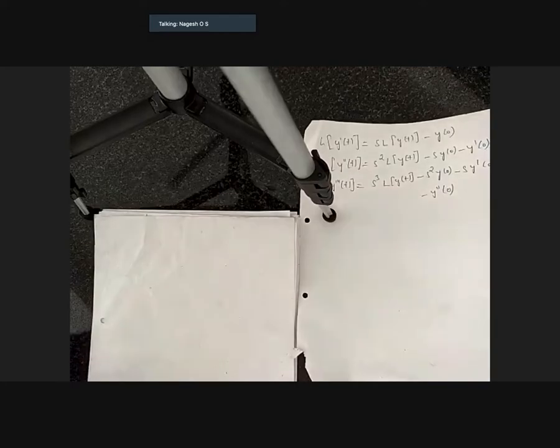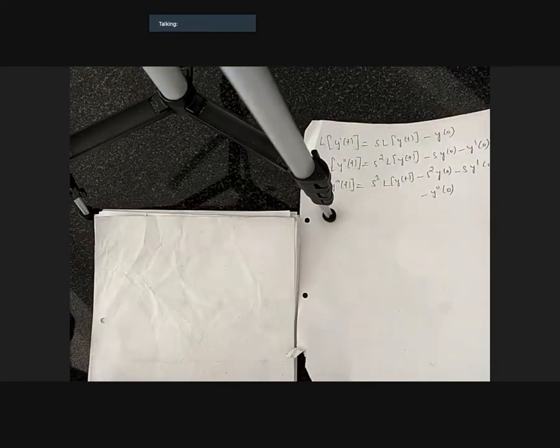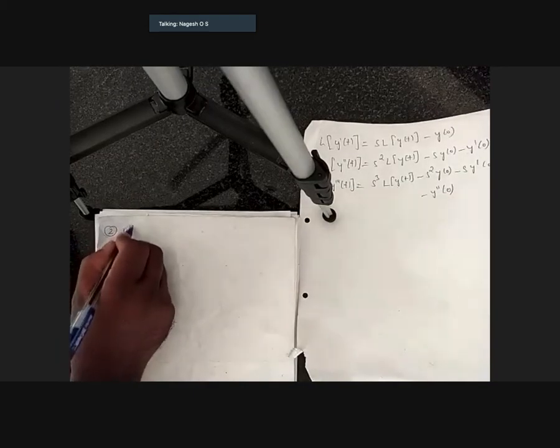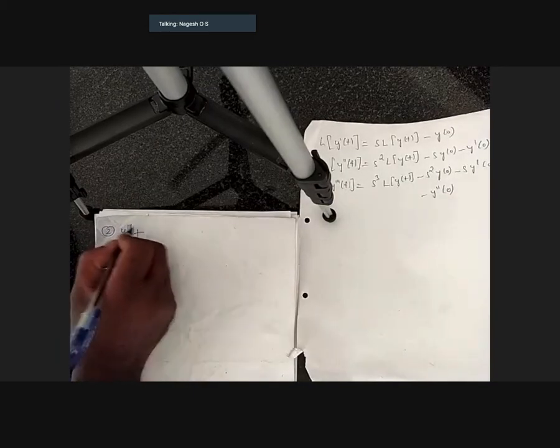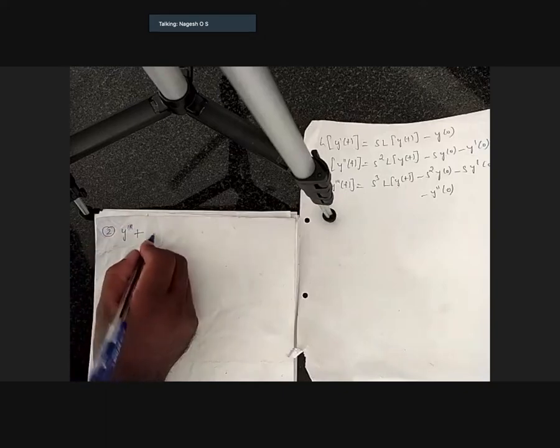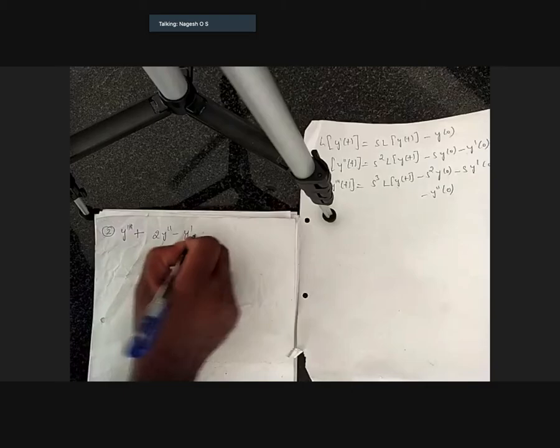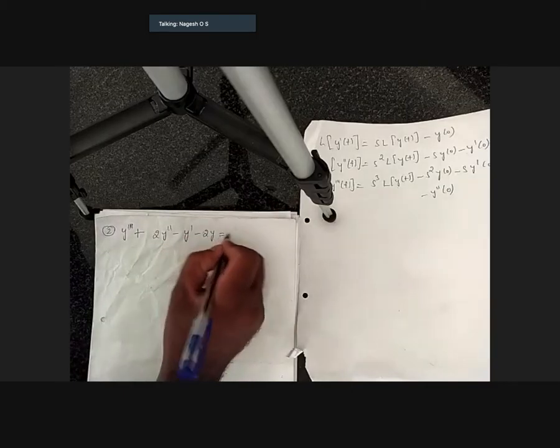I will continue with the problems. Second problem is y triple dash plus 2y double dash minus y dash minus 2y equal to 0.